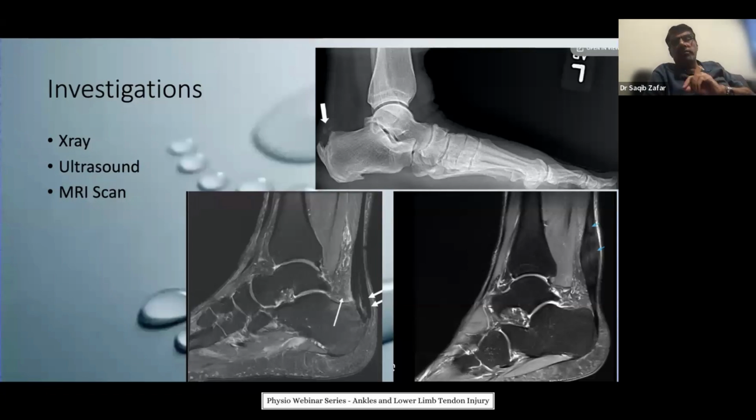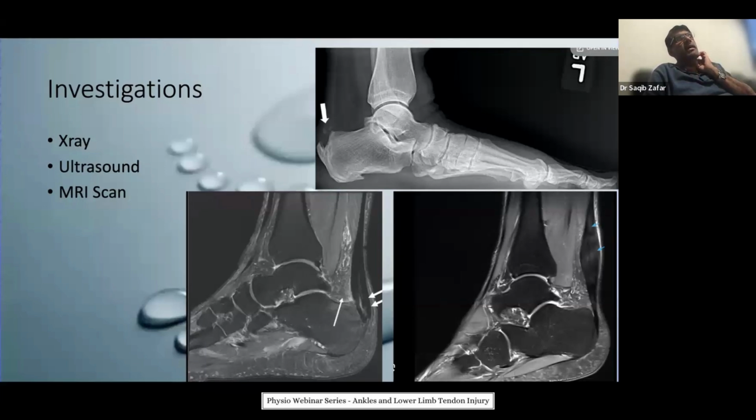Ultrasound is also a very reliable test if it's done properly in good hands. And in general practice, I must say these two investigations, X-ray and ultrasound, plus the clinical diagnosis based on the history and examination, should be enough for you to make the diagnosis of plantar fasciitis and Achilles tendinopathy.